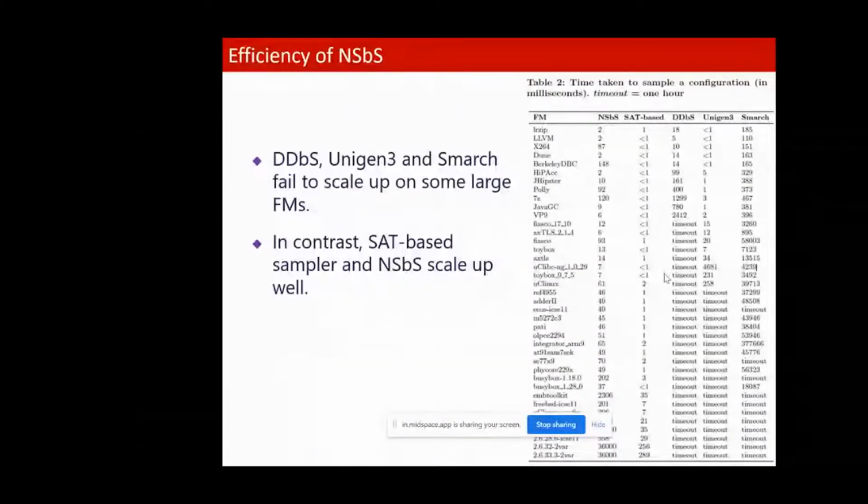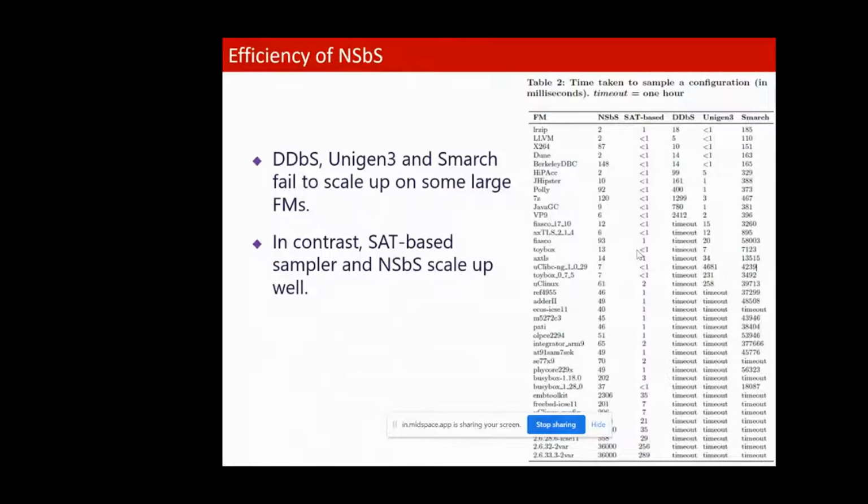In terms of efficiency, we can see DDBS can't find solutions for many cases. Actually, when the number of features is greater than 100, DDBS cannot find a solution within 1 hour. In contrast, our algorithm and the SAT-based sampler can find solutions for all cases, for all feature models.